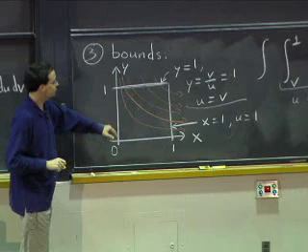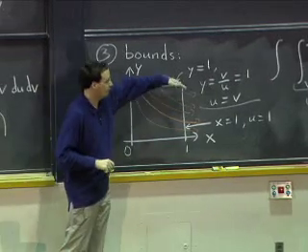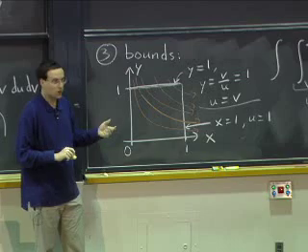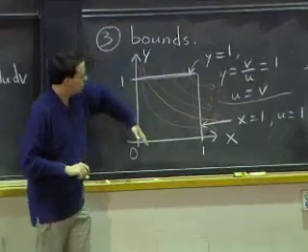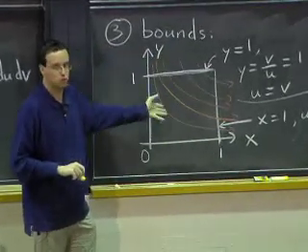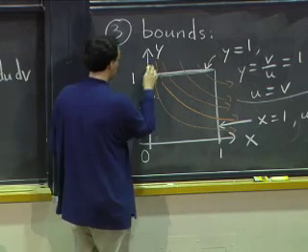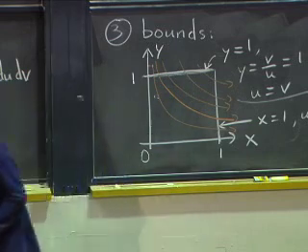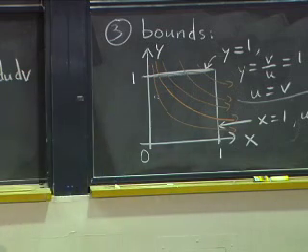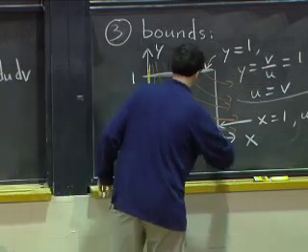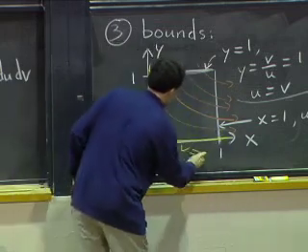So we have to figure out what is the first and what is the last value of v that we'll want to consider. Well, if you look at all these hyperbolas, xy equals constant, what's the smallest value of xy that we'll ever want to look at in here? 0. So this one here, that's actually v equals 0.